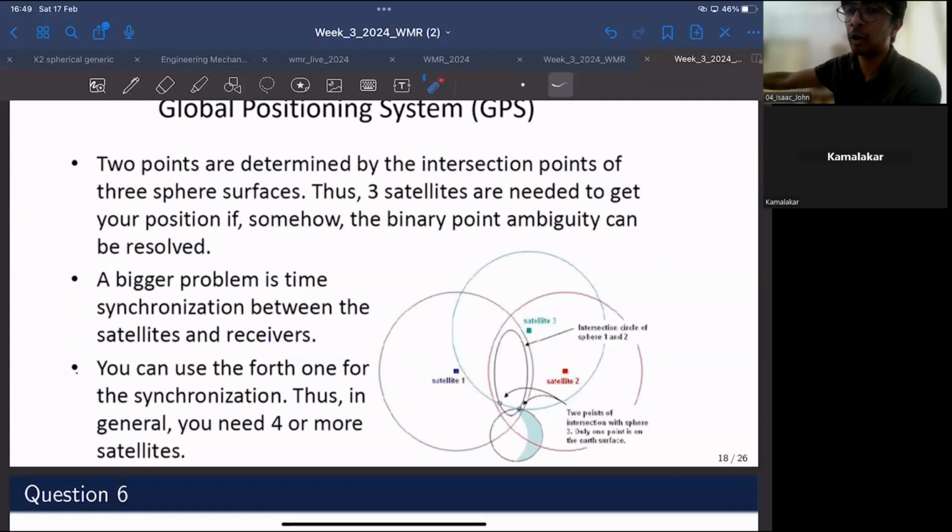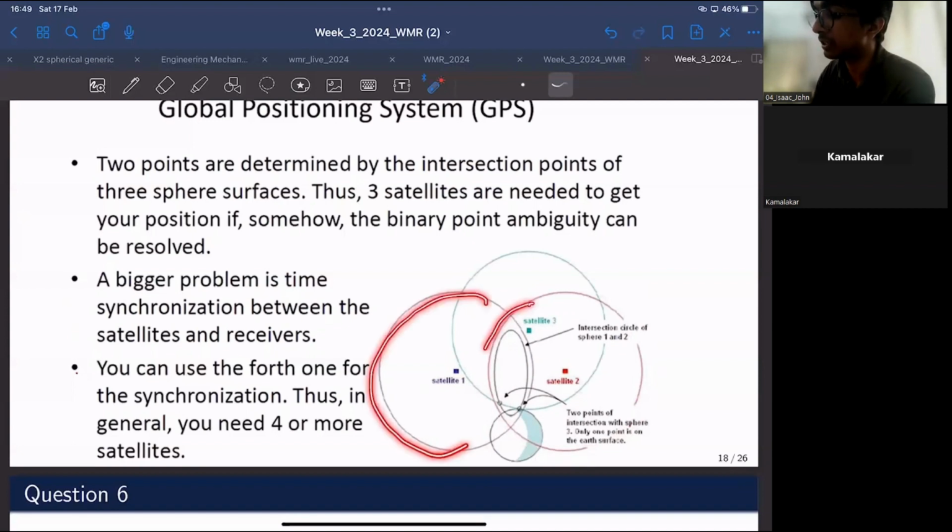If you draw a sphere of constant radius, the position according to this satellite can be anywhere on the sphere. If we consider satellite 2, based on its time of flight and speed of sound, the position can be anywhere on this sphere. Then what will be the correct location? If you intersect these two spheres, you get a circle. The intersection between two spheres is a circle, but a circle is also not a final estimate.